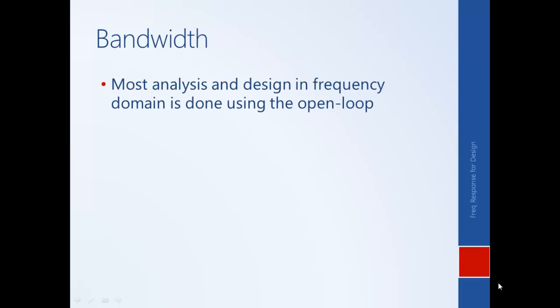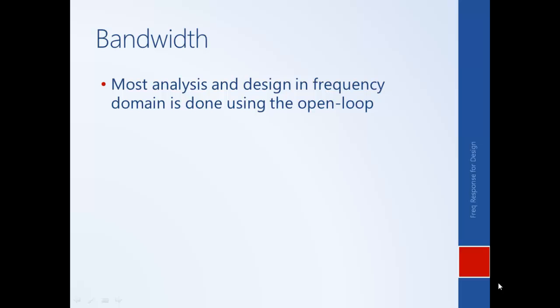In the previous example, we saw that we employed the open loop frequency response for performing our controller design. This is true in general. We also saw in previous modules that we use the open loop frequency response for analysis, in particular for looking at stability margins. Phase margin and gain margin are both found from the open loop frequency response plot.